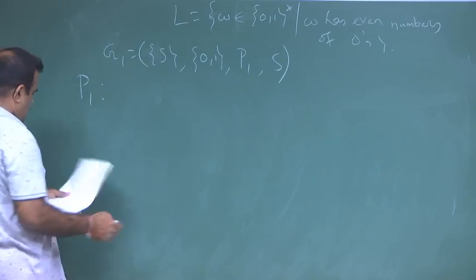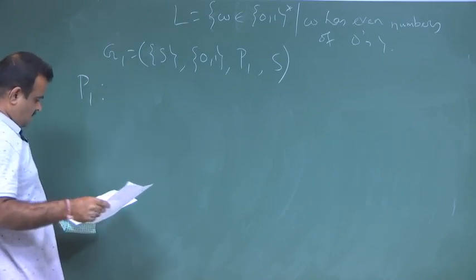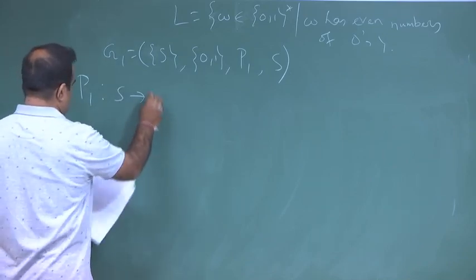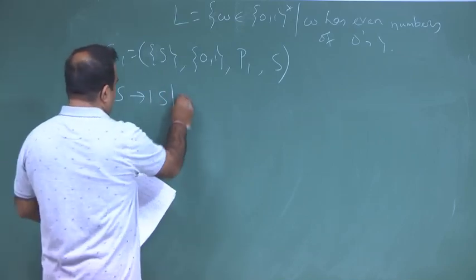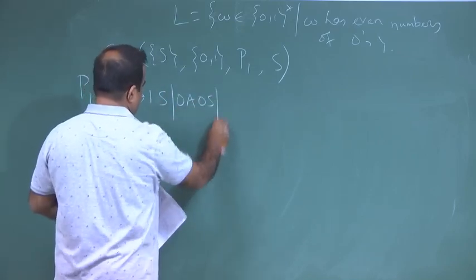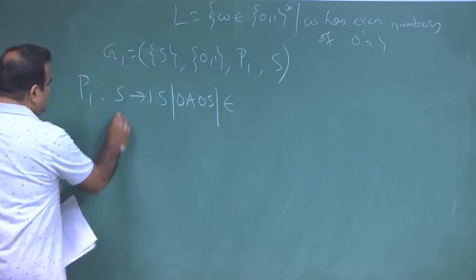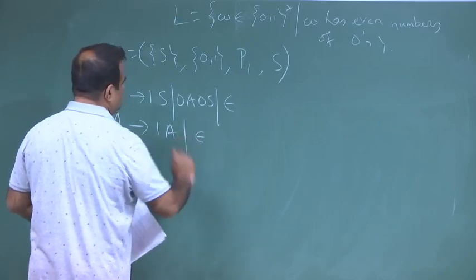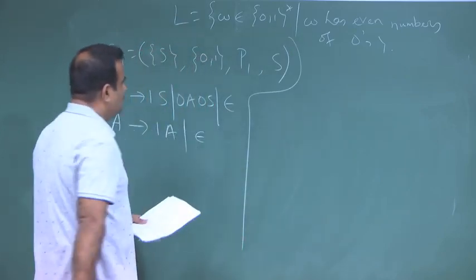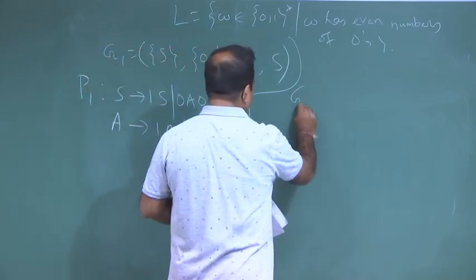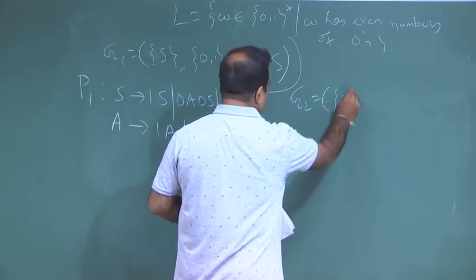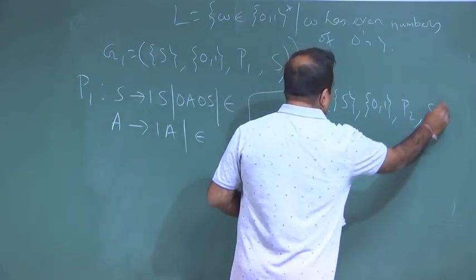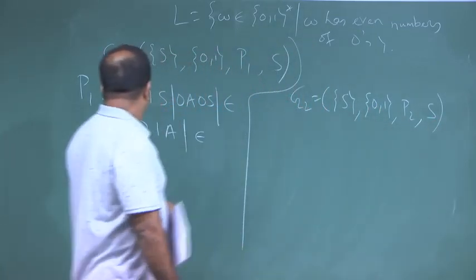The earlier one was S going to 1 S or A 0 S or epsilon, and A going to 1 A or epsilon. So, this is our G1, and another G2 is, we take the same V, 0 1, P2, S, or we can change the S also, it does not matter.